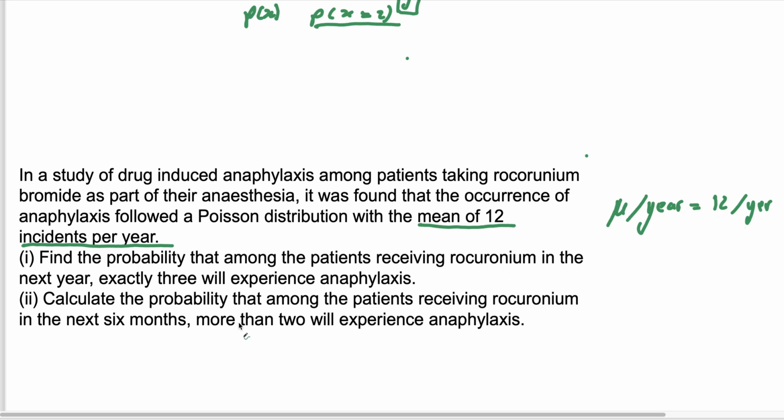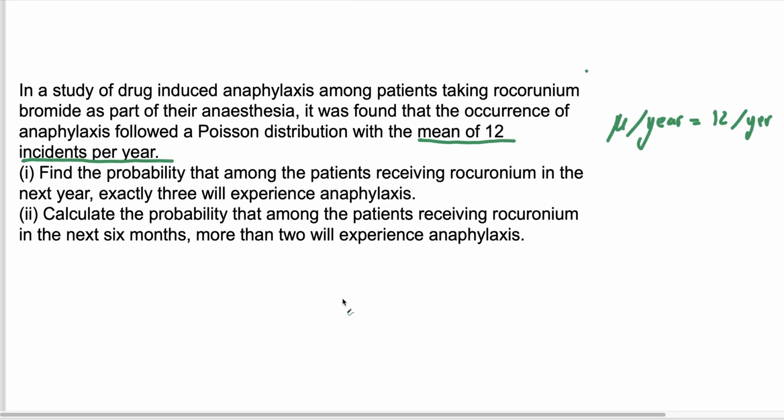Now let's find the probability that among the patients receiving rocuronium in the next year, exactly 3 will experience anaphylaxis. So you're looking at the probability of X equals 3, exactly 3.